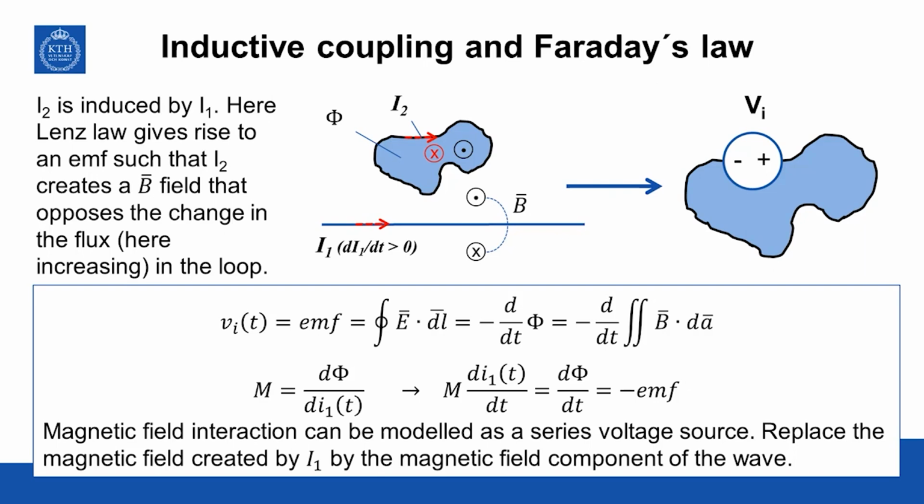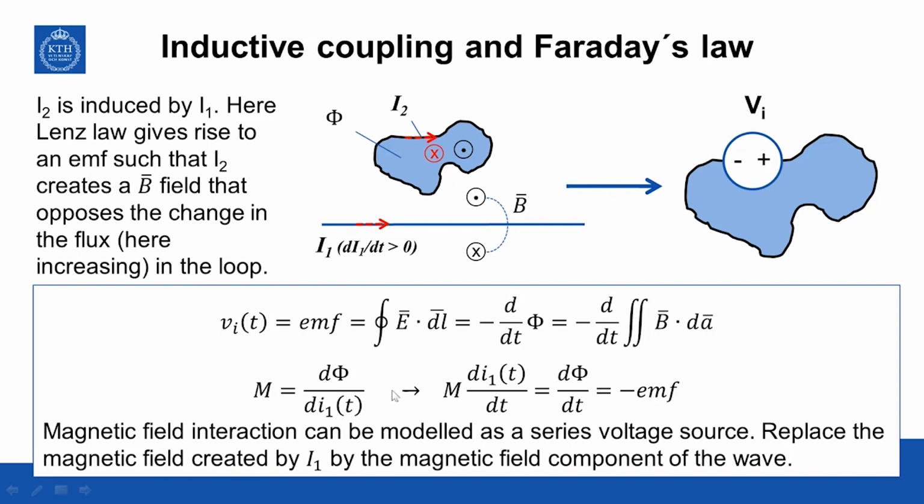Now let us see the inductive coupling and Faraday's law that we have seen before, where we found that the EMF by the action of a magnetic field is given by the closed line integral of E dot dl.